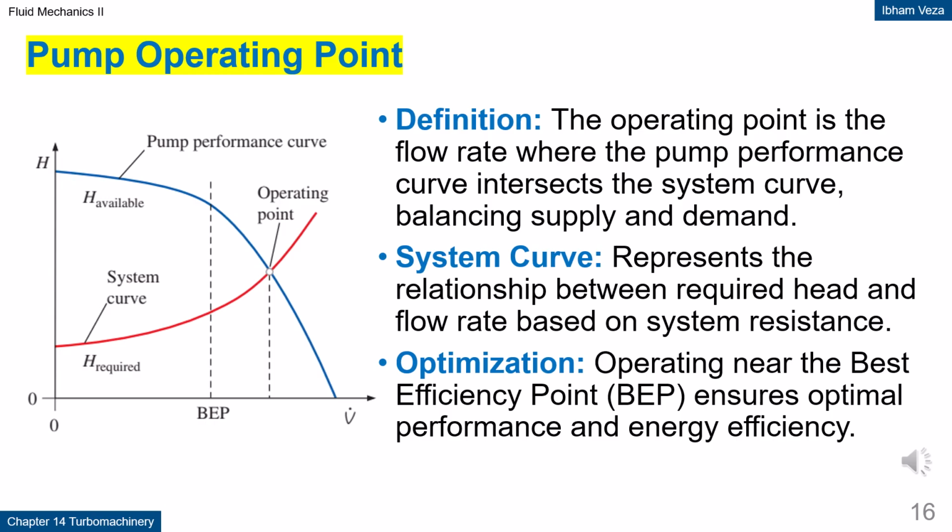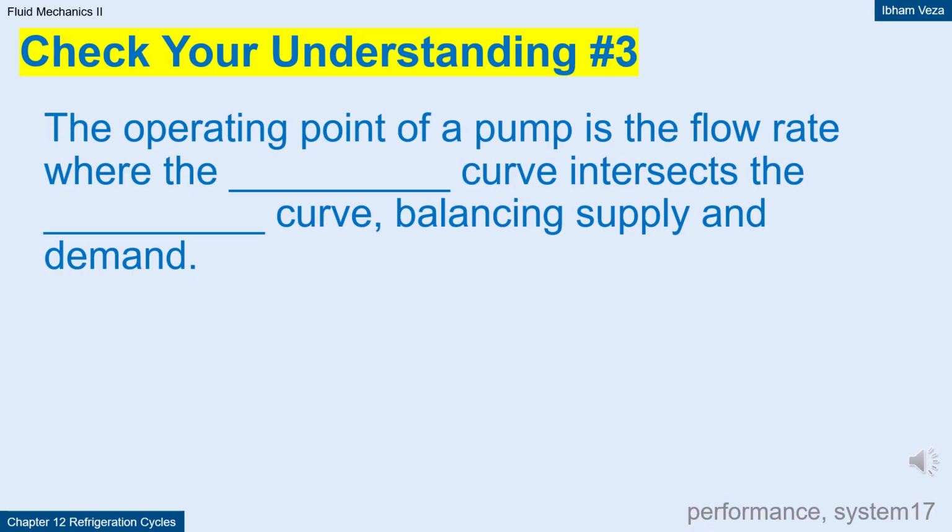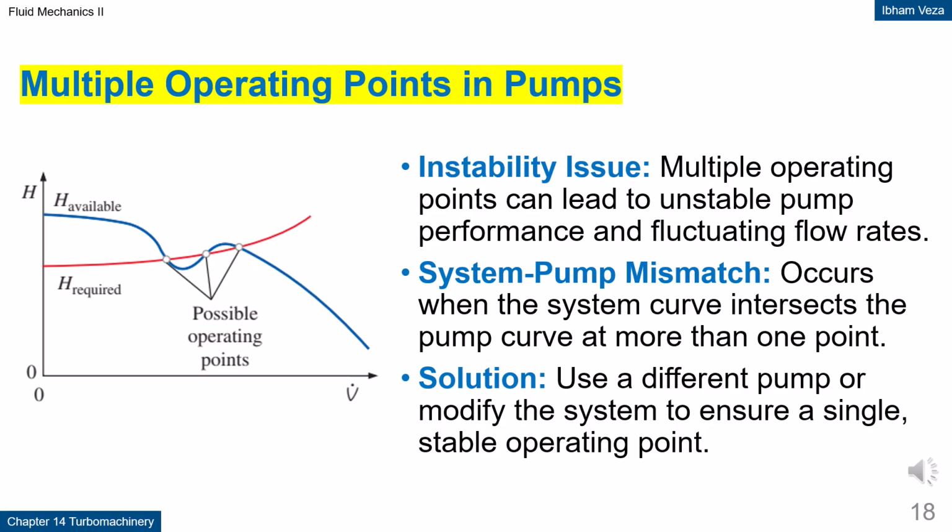Ideally, the operating point should be close to the BEP to achieve high efficiency. This concept is very important in practical pump design and selection. The operating point of a pump is the flow rate where the performance curve intersects the system curve, balancing supply and demand.